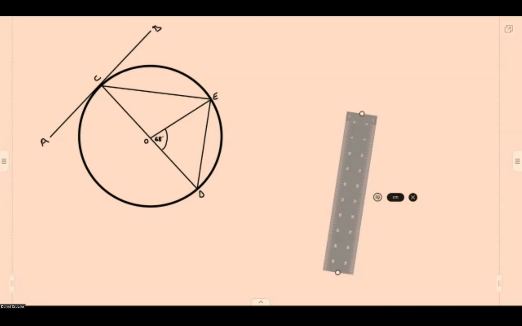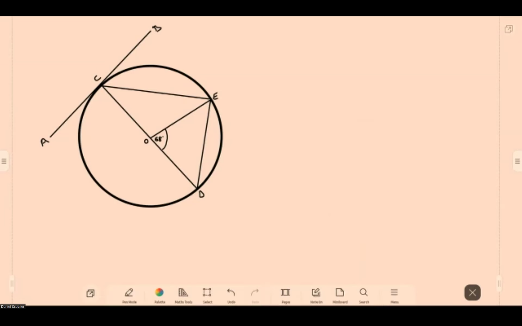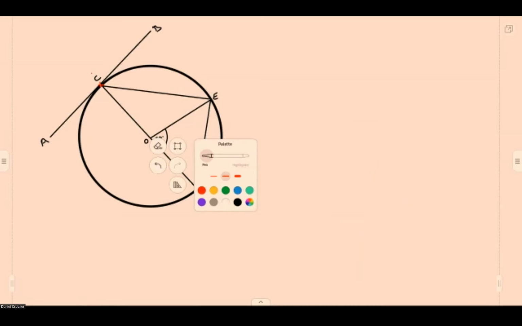All right, AB is a tangent to the circle and it meets the circle at point C. CD is the diameter from point C, where I've marked up already, to point D. It is the full diameter, and that goes through the center of the circle at O. Then you've got OE, or you've got the angle DOE even.